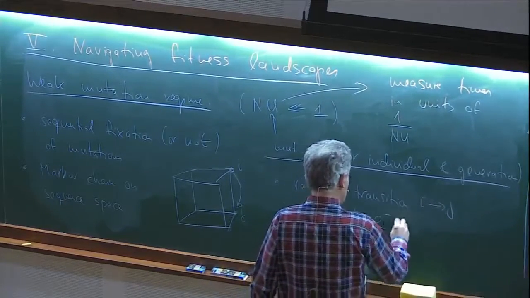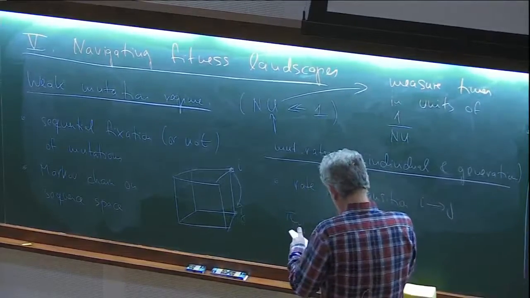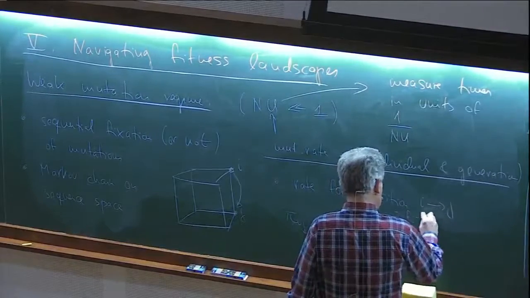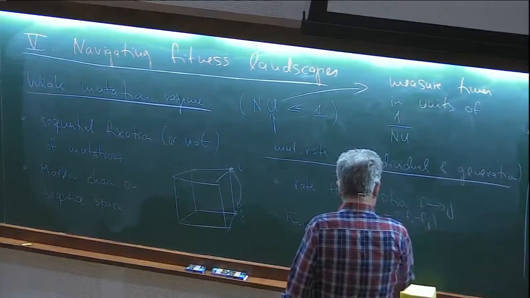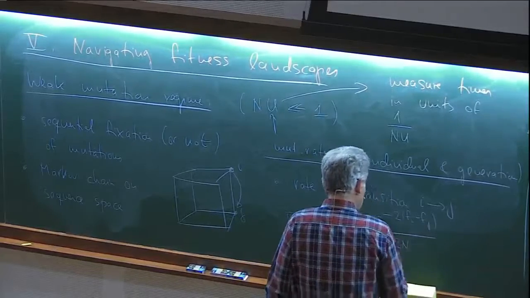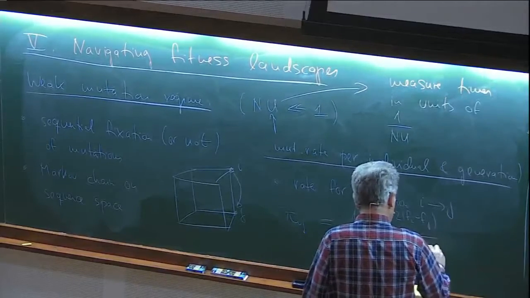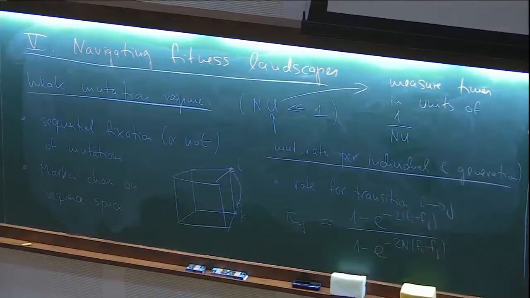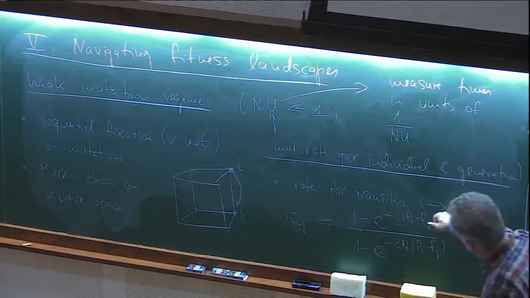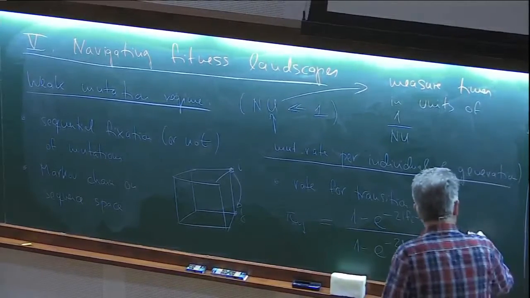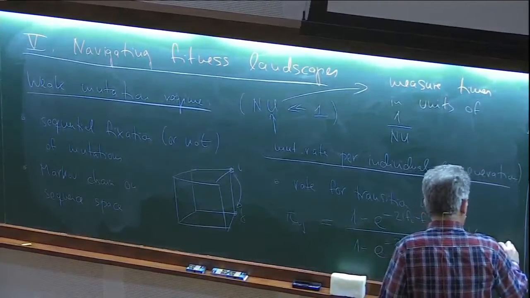This is the Kimura formula that I introduced already in the first lecture, which contains all the regimes that we need. This is what it looks like. Here we have the fitness difference, the selection coefficient, and the population size. So this is the Kimura formula.